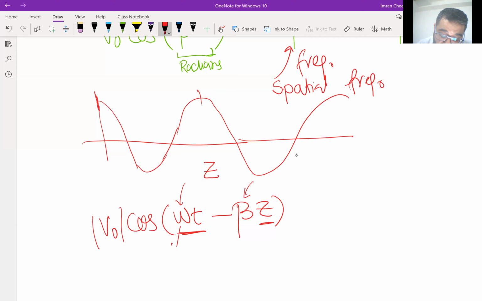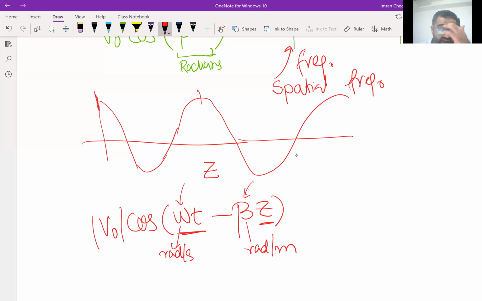This one is radians per second, and this one is radians per meter. There is nothing new here. You can put all your earlier elementary concepts which you learned for omega and apply those for beta too, because mathematically there is not much difference.